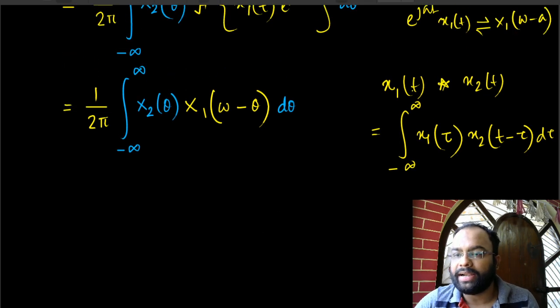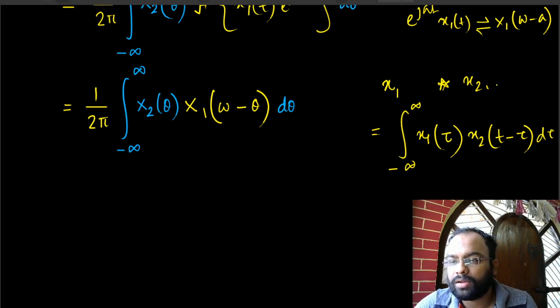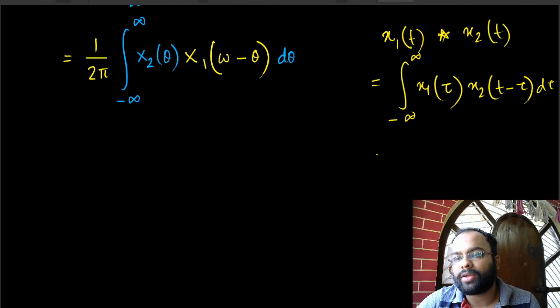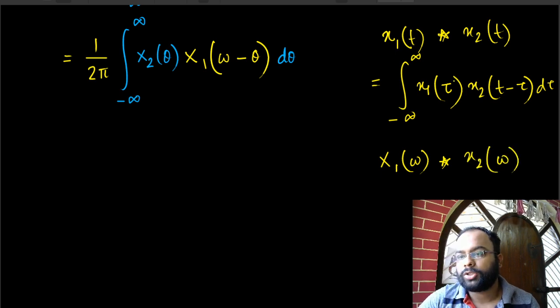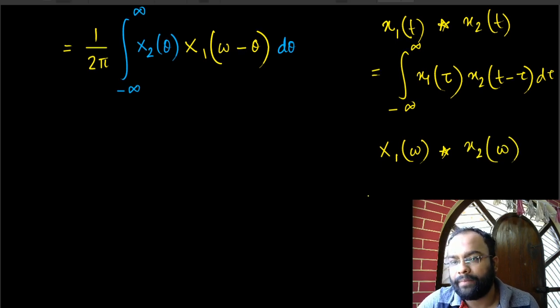So instead of writing t, I can write omega, for example. Similarly, if we are convolving two signals, instead of writing t, we would write omega.